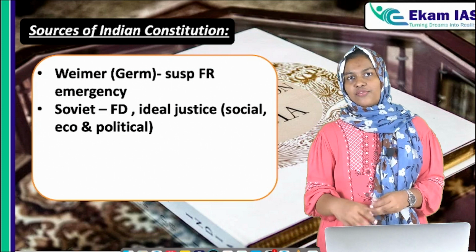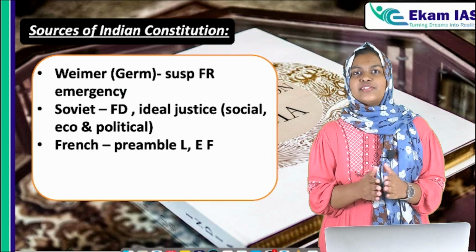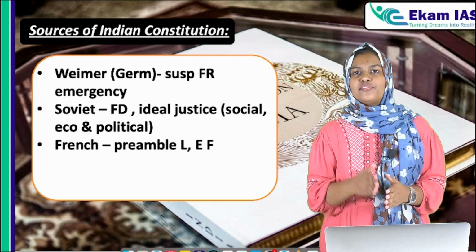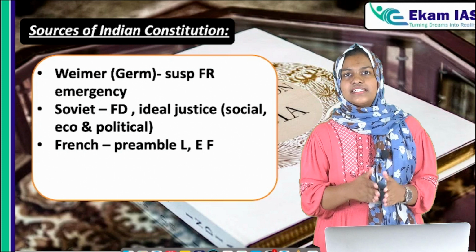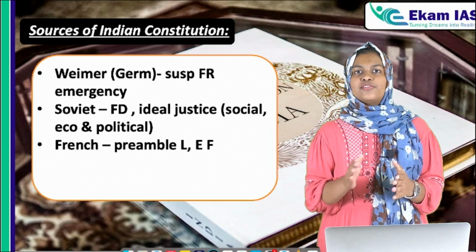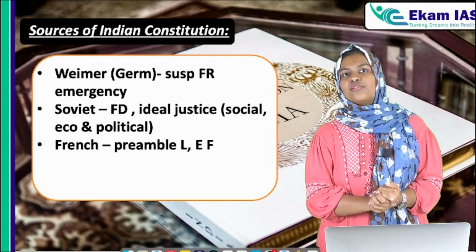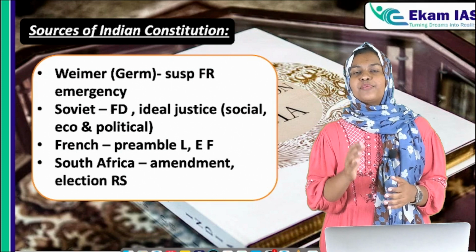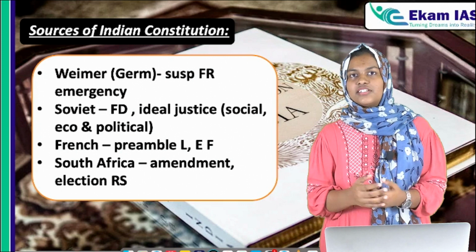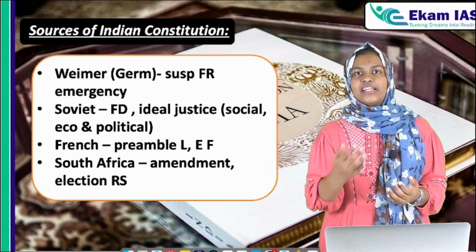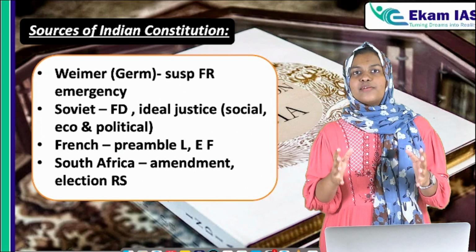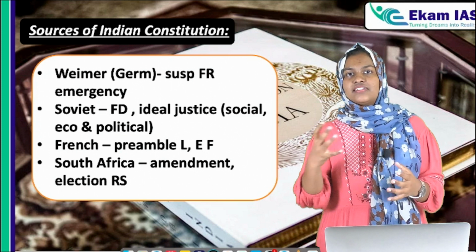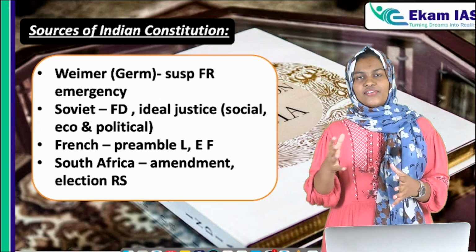Then, with the influence of the French Revolution, the ideals of liberty, equality and fraternity mentioned in the preamble were taken from the French Constitution. Finally, from South Africa, we have taken the procedure to amend the constitution and also the method of election to the Rajya Sabha. So these are some of the major sources from which our Indian constitution has adopted various provisions.